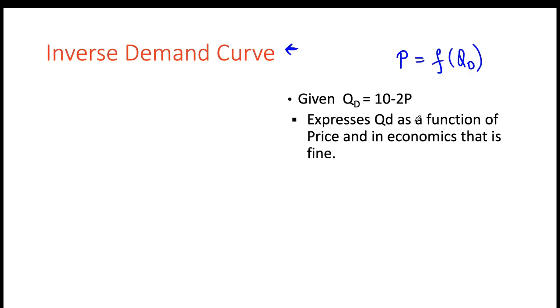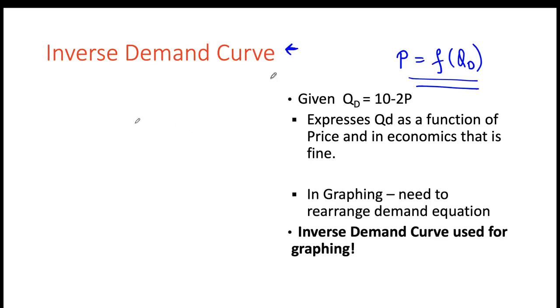So when I rearrange a given equation in this format, we will refer to that as our inverse demand curve. And following the econ convention, we will not have quantity demanded, which is our dependent variable, on the y-axis, but in fact, we should have price on the y-axis. So anytime you're given a general demand curve in this format, you must rearrange it and get the inverse demand curve.